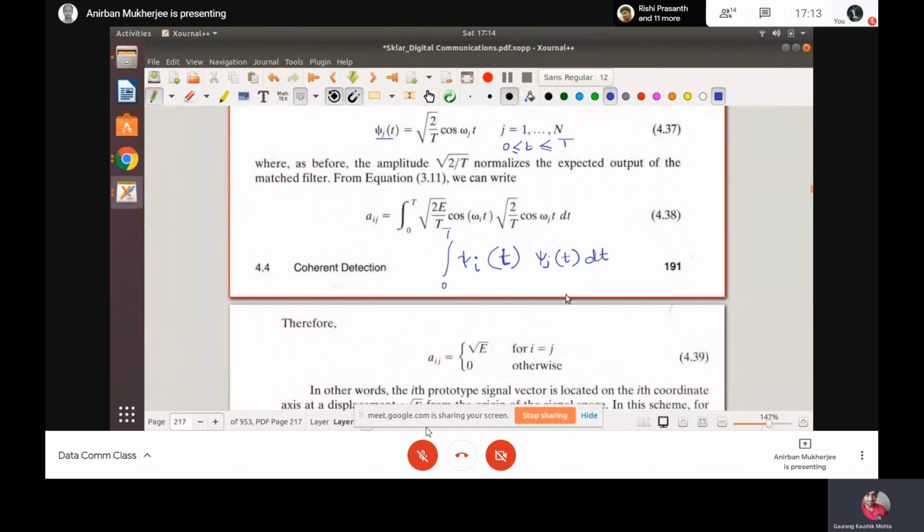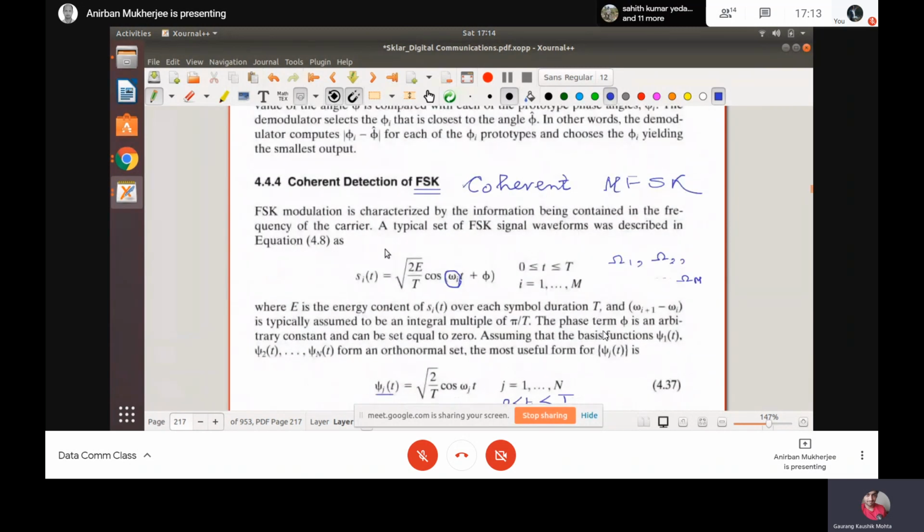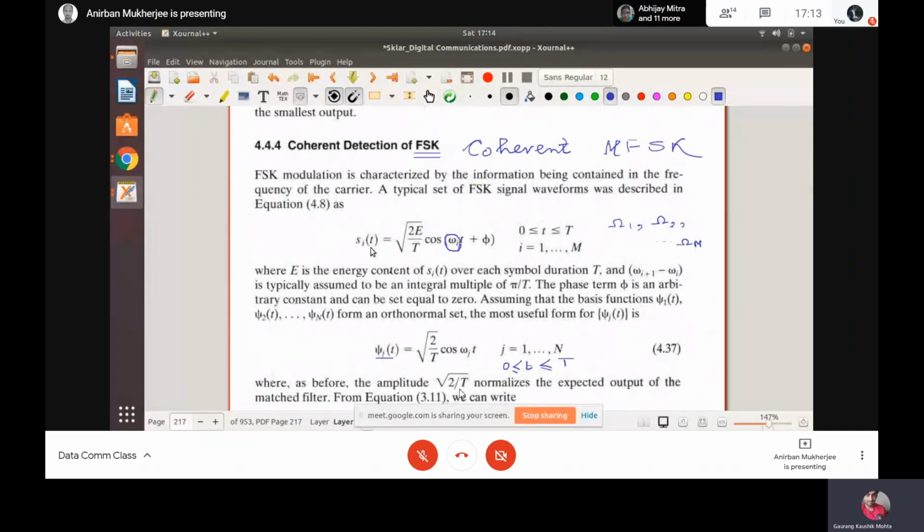Okay, so now if you can remember that equation 3.11, we are just breaking it into the signal space, and then from there we are trying to calculate anything. That means I have this S i t, i equal to 1 to m.